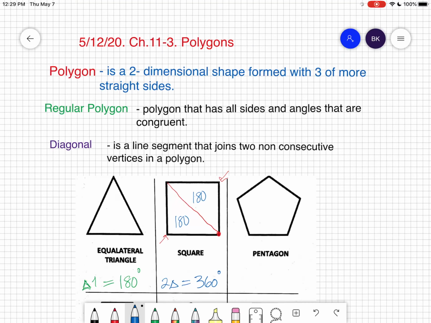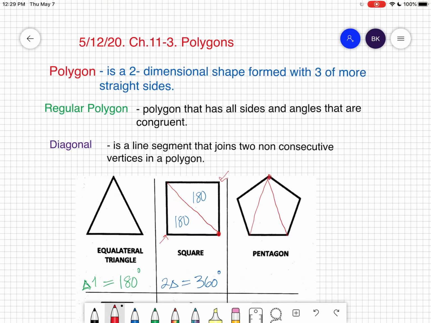Moving on to the next shape, I'm going to do all of them really quickly. Again, these are regular polygons. So I'm going to choose any vertex, I'm just going to choose this one right here. And again, I'm going to draw a diagonal from that vertex to every other non-consecutive vertex.